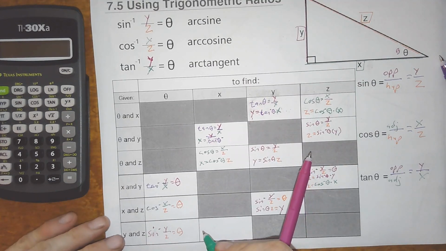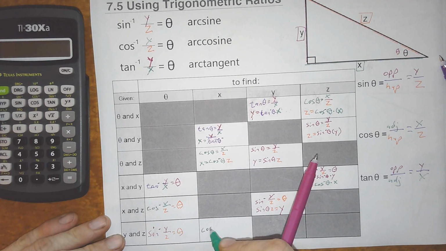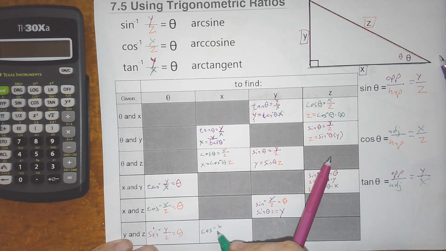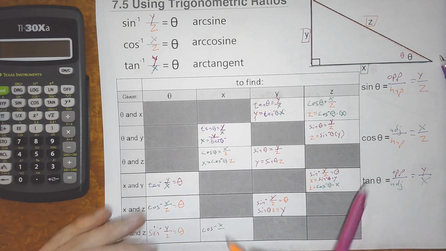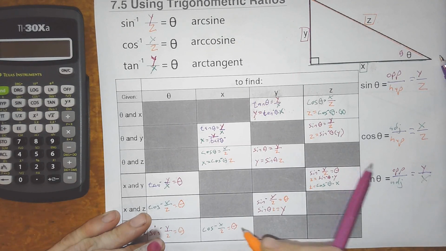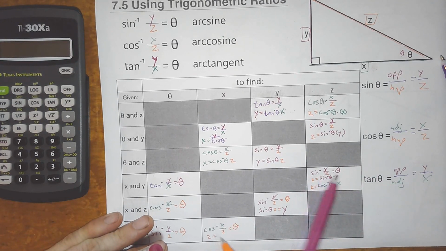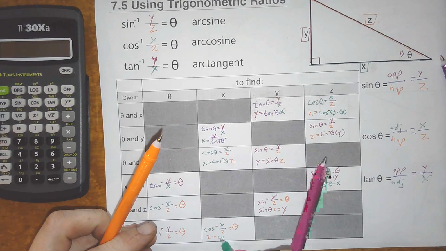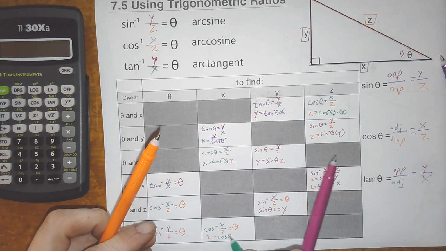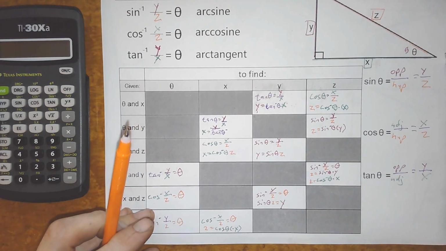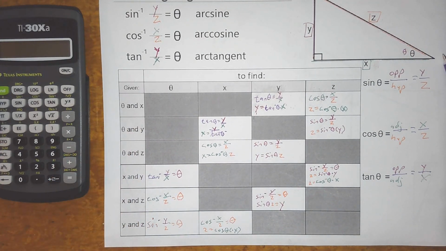The cosine of theta equals x over z, so x equals the cosine of theta times z. Okay, so that's how all that works out.